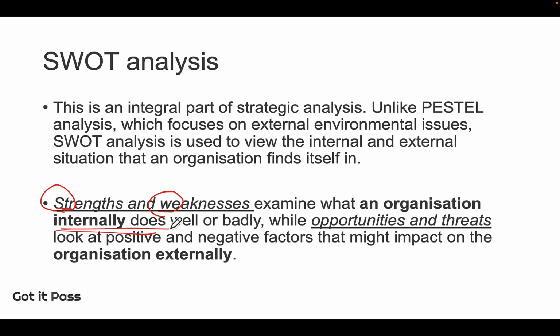So they look at the organization itself, well or badly, while opportunities, O, and threats, T, look at positive and negative factors that might impact on the organization externally. So in other words, for S and W, strengths and weaknesses, they are internal factors. And for opportunities and threats, O and T, they are external factors affecting the organization.